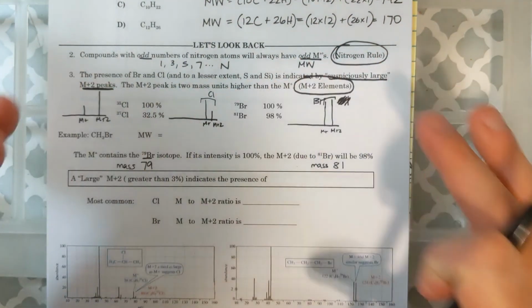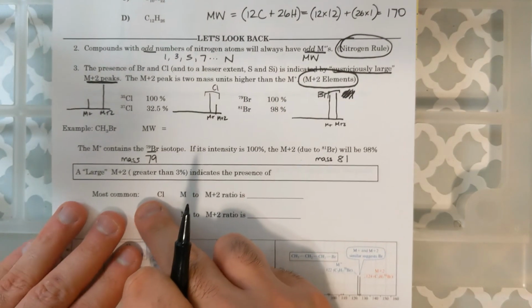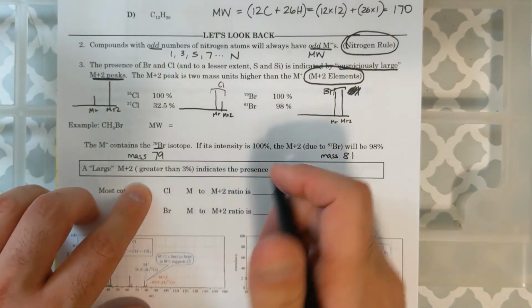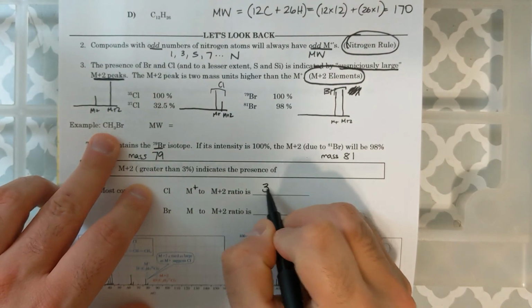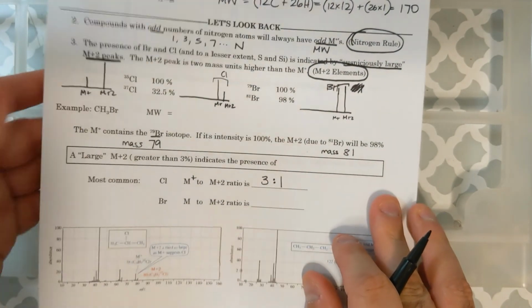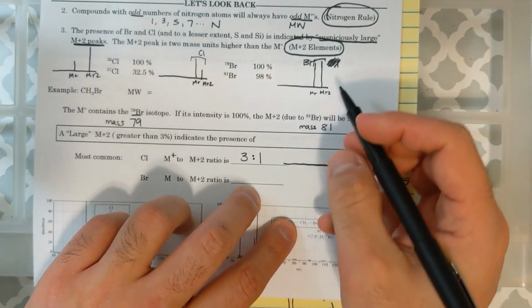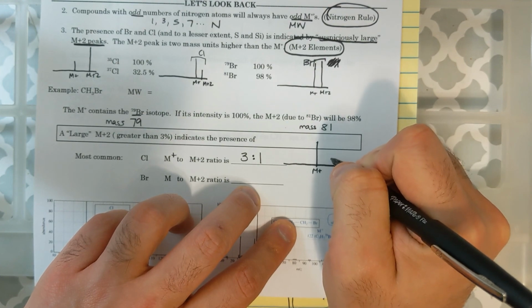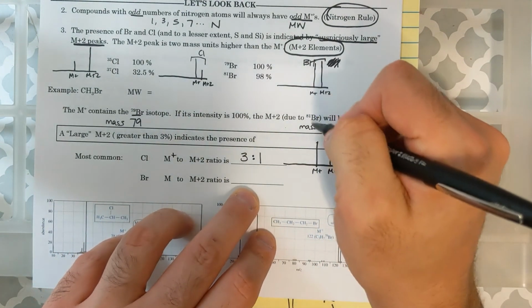This is just, again, introductory. It might sound a little confusing. We're going to go back into it again. But again, the most common for us in high school is chlorine, like I said up here. Chlorine's M plus to M plus 2 ratio is going to be 3 to 1. And so again, what I drew up here, what it's going to look like is I'm going to have my M plus peak, and my M plus 2 peak is going to be about a third of the size.